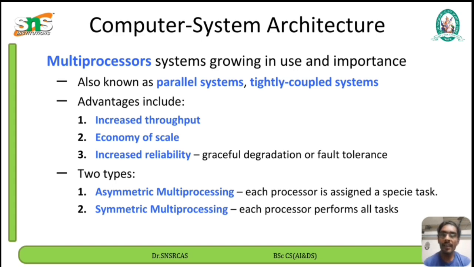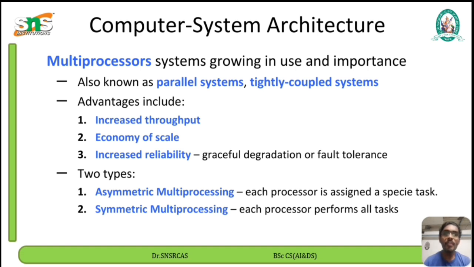So, okay, let us have a discussion. Other names for a multiprocessor system are parallel system or tightly coupled system. There are a lot of advantages of using multiprocessor systems. Some are listed here: increased throughput and economy of scale.